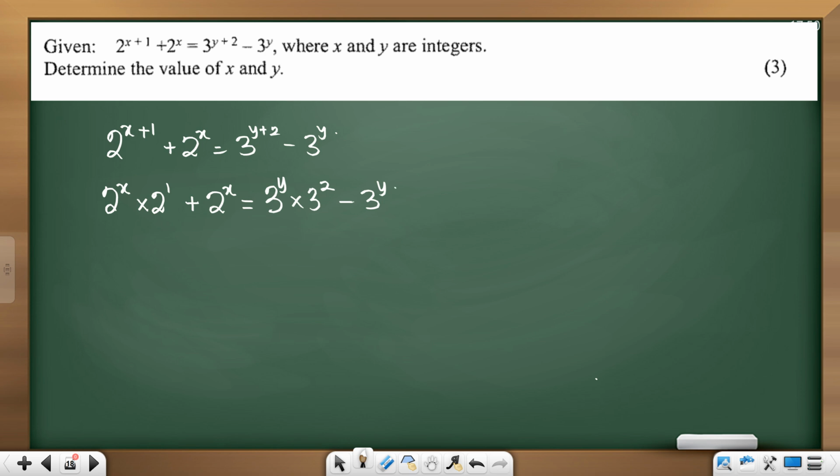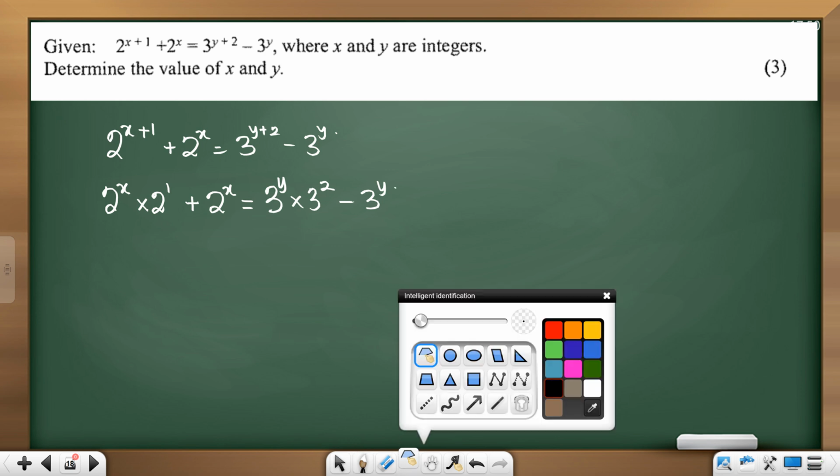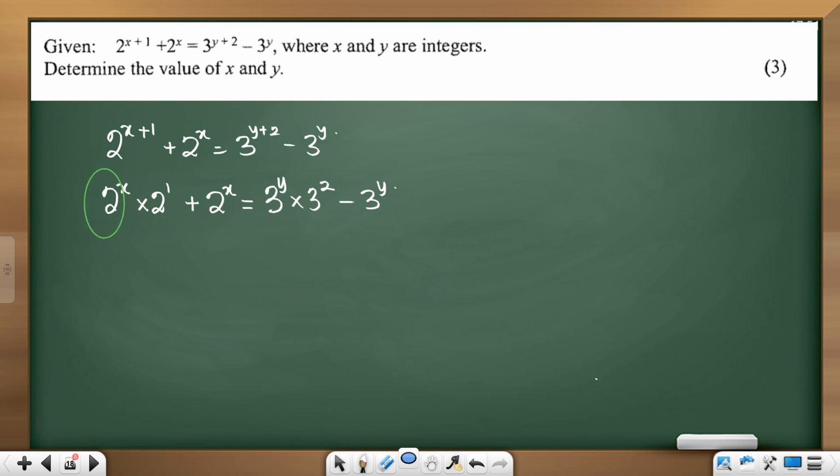Now, I'm going to find out something is common. Something is very common here. Do you notice 2^x is common? I have 2^x, I have 2^x. So that's common on the left. What about the right-hand side? So let's bring that out.